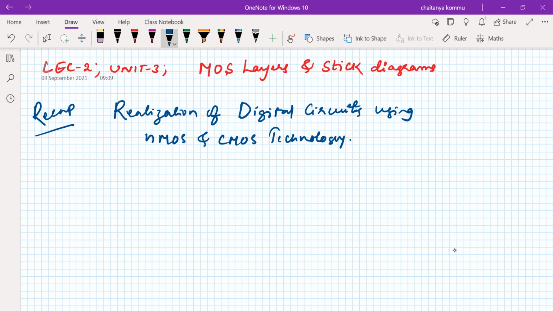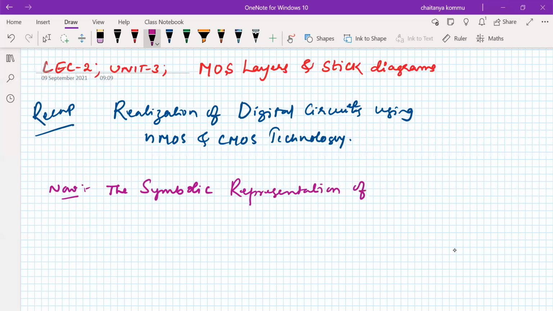So now we are going to see the symbolic representation of circuits using the above technologies. The symbolic representation of the circuit is materialized by layer information, by layers.